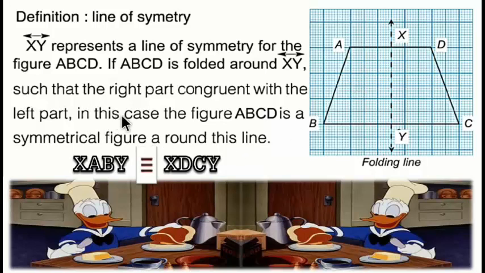In this case, the figure A, B, C, D is a symmetrical figure around this line. Please don't forget, A, B, Y is congruent to X, D, C, Y.